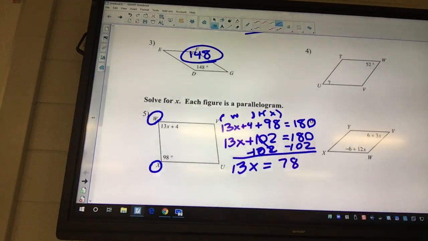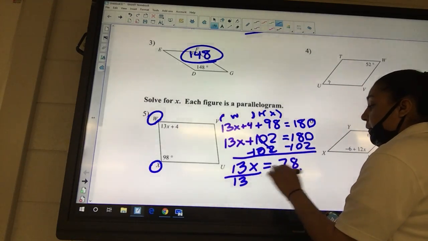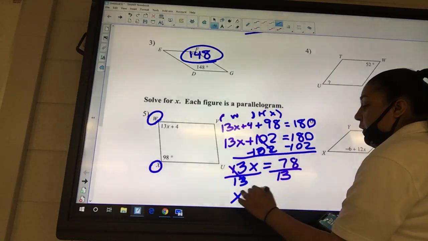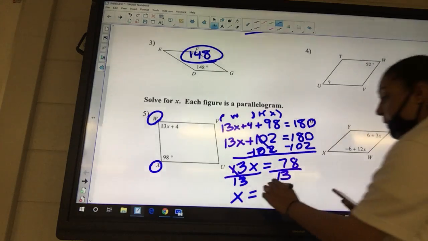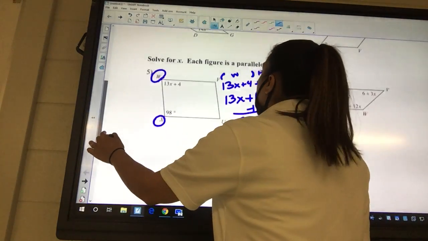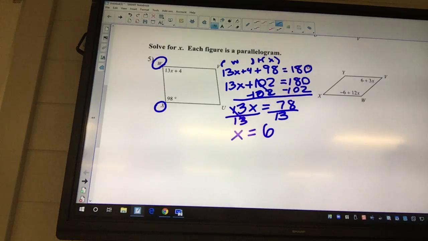So 13x equals 78. Then divide. x equals 6. This is what we really did yesterday, and you're going to have a couple of these for a little mini review, or a recap of what we did yesterday.